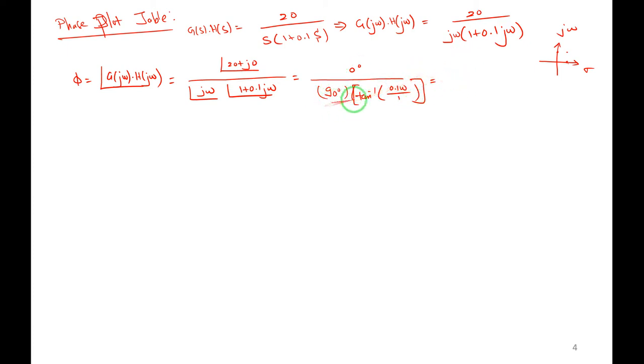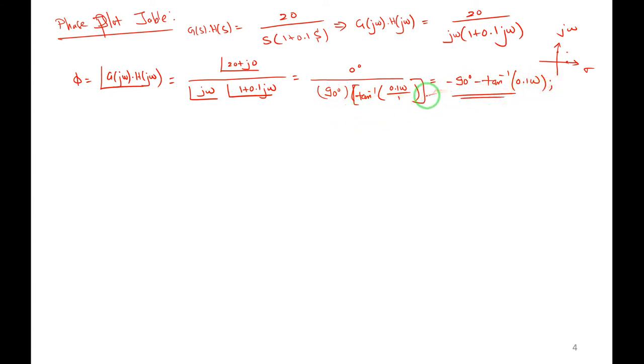So 0 degree minus 90 degree, if it comes to the numerator. This also I will take to the numerator. See here, I should add the angles, 90 degree plus. So it is coming to numerator means minus 90 minus tan inverse of 0.1 omega by 1, which means just 0.1 omega. So this is the phase I got.